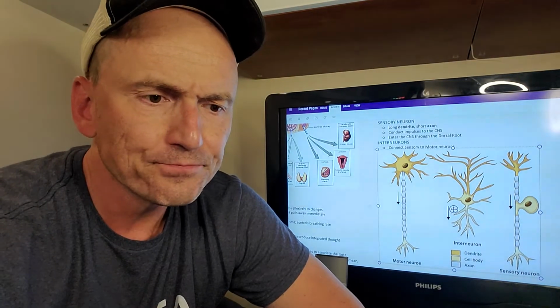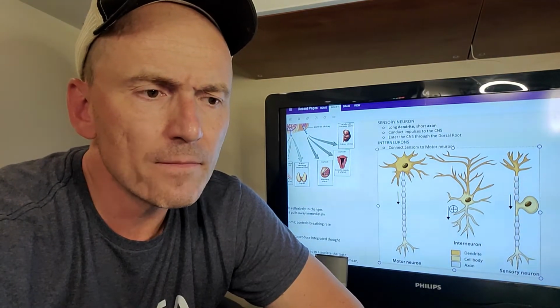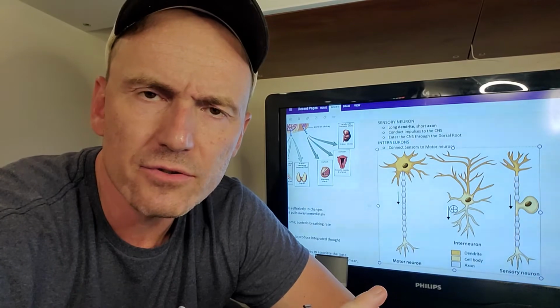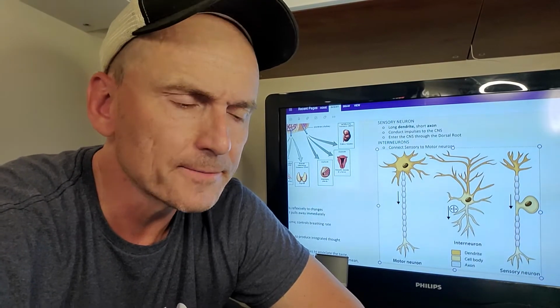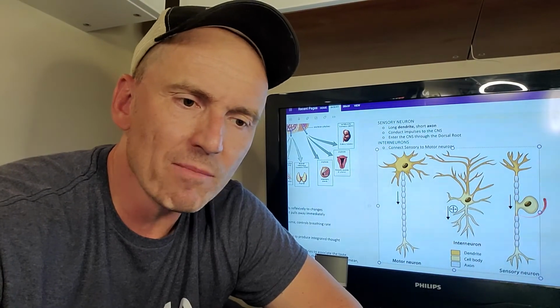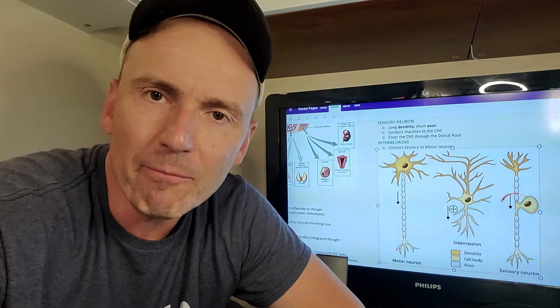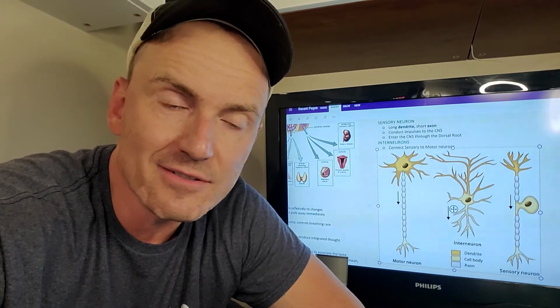And there are three parts to a neuron or nerve cell. The number one part is the cell part, and it's called the cell body. In here is the nucleus and all the organelles, mitochondria, and all the goodies.